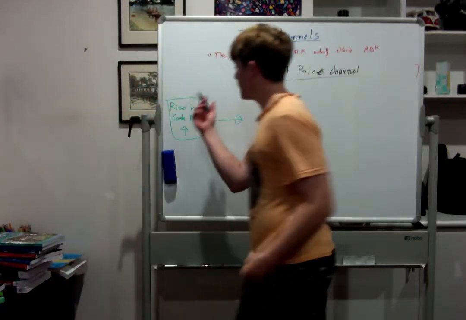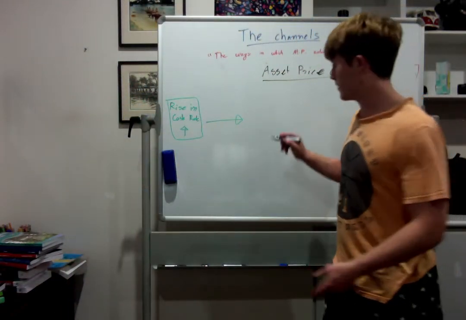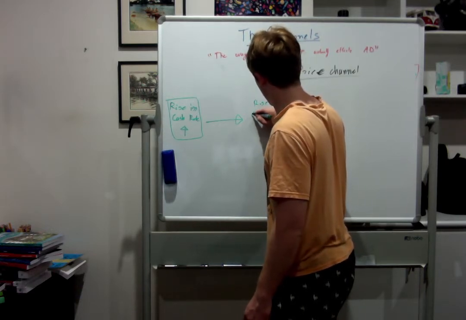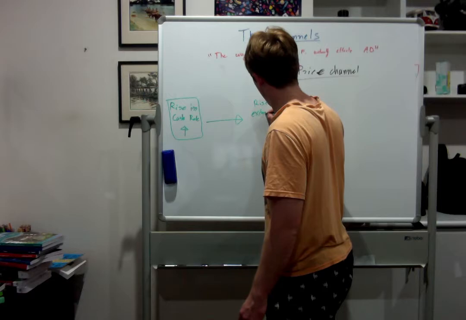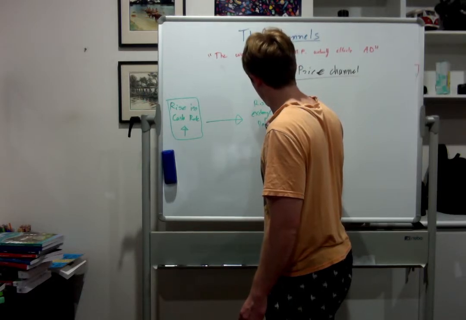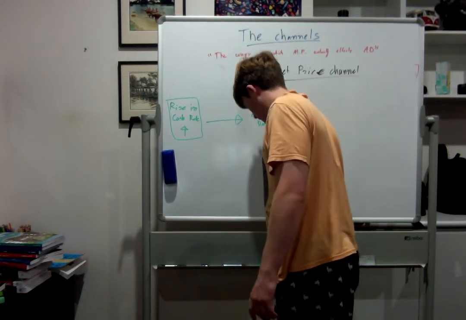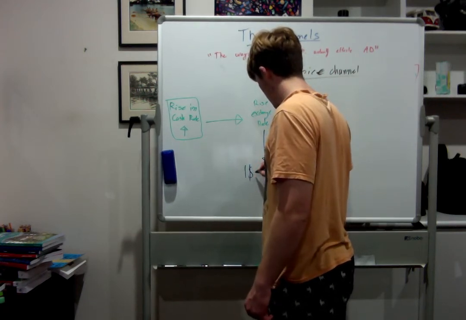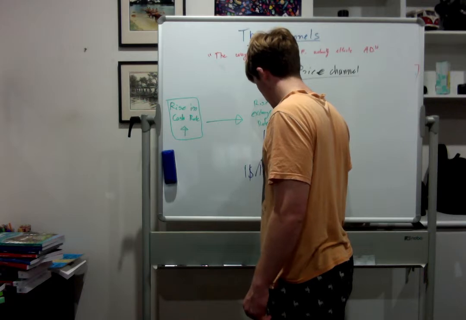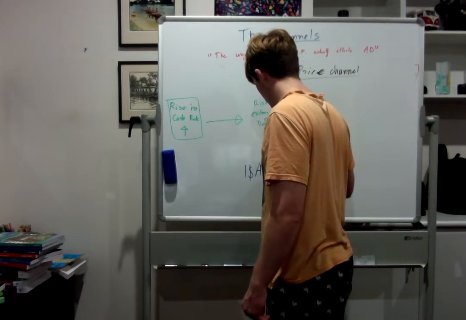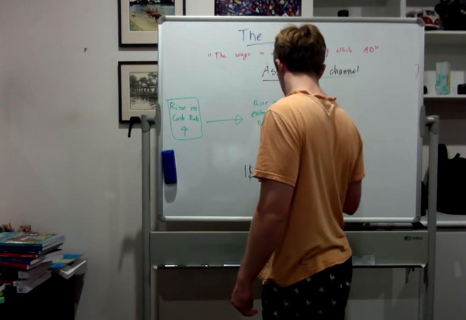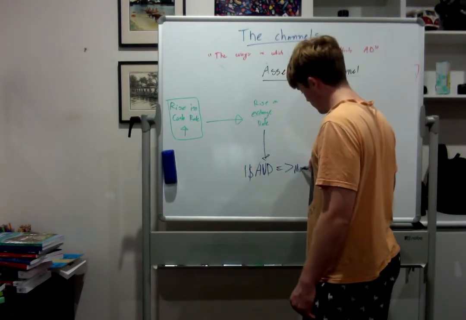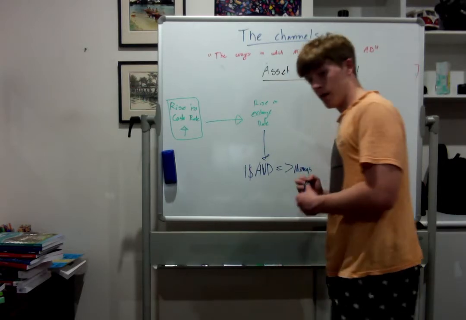A rising cash rate actually causes a rise in the exchange rate. So basically AUD equals more monies. More monies.